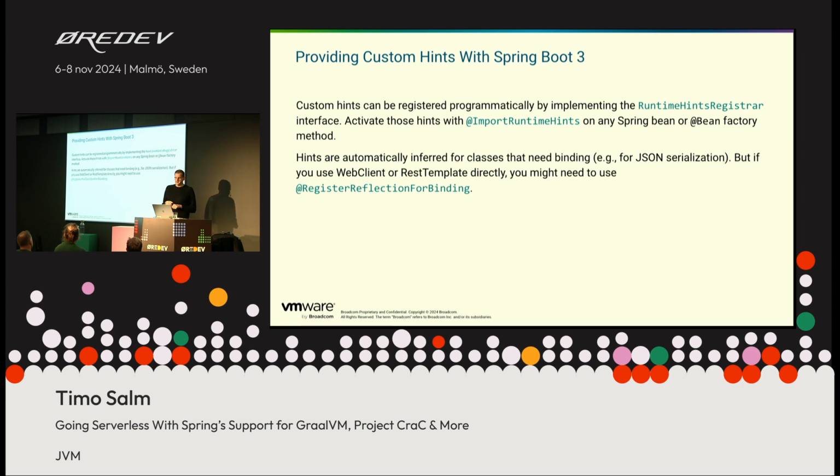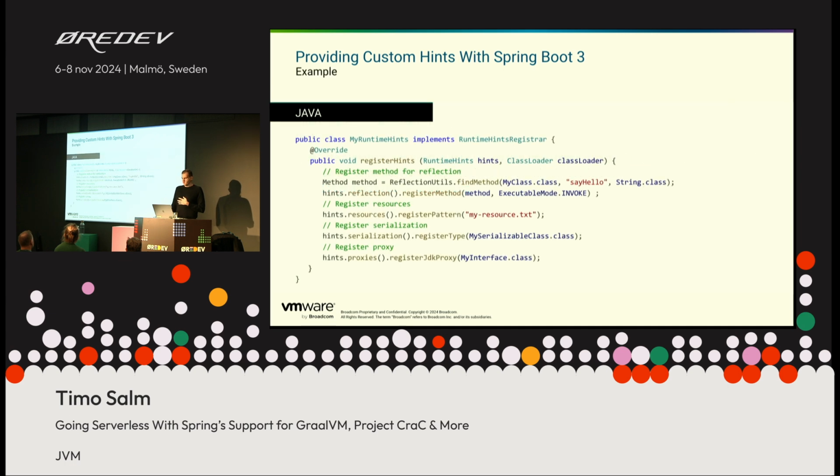And that's something you can do via application code if you like to. You can still use the text files to do that. And here's an example for that. With most of the common ones, you can see for reflection, where the classes are and which methods you are using. Also here then for resources that are used, or serialization.